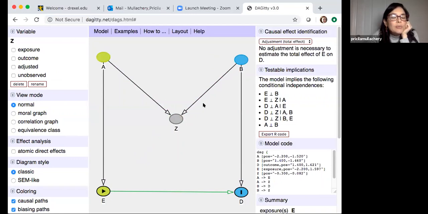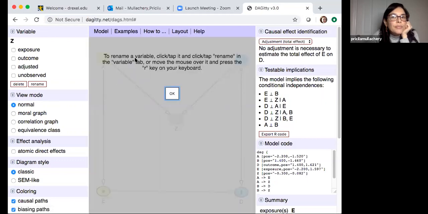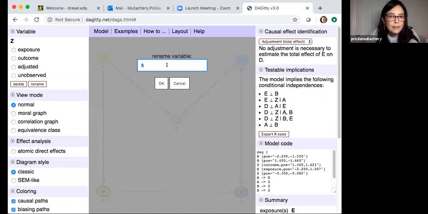And as Yoni was explaining, the how-to is really helpful here, because for example, I want to rename this variable. Instead of being B, I want it to be C. So I can go here and see how to rename a variable. It tells me that I tap and click rename, or I just like this option of moving the mouse over and then pressing R. So I move the mouse over, press R, and then I am able to rename.